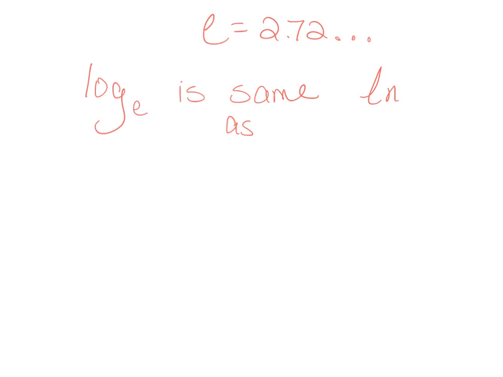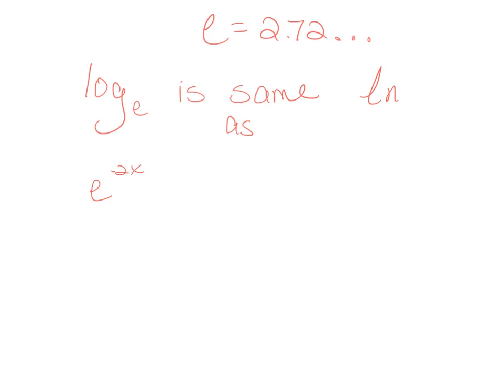Okay, so we move on to e and the natural log. If we have e in a problem, and we convert it to log form, you end up with log base e. Meaning, say we have e to the power of 0.2x, right?